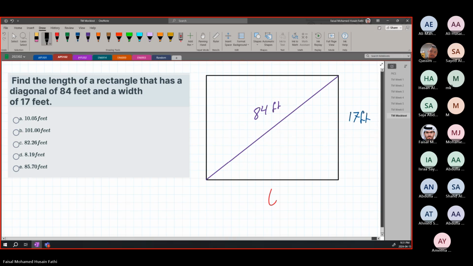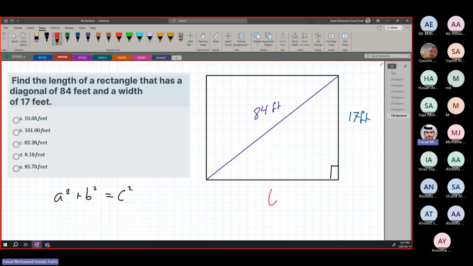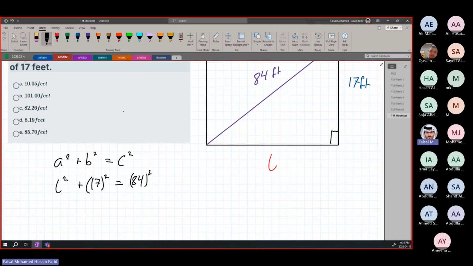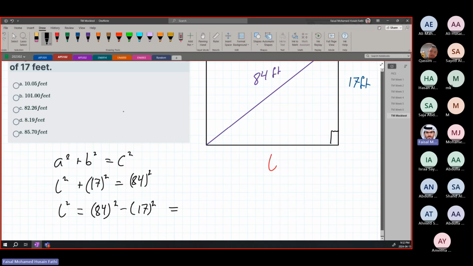Okay, again, right angle, so this is Pythagoras. A squared plus B squared is equal to C squared. So L squared, the L is our A. So L squared plus B squared, which is 17 squared, is equal to the hypotenuse squared, which is 84 squared. Then L squared is going to be equal to 84 squared minus 17 squared. When we want to find L, we're going to have to take the square root of that, which is the square root of 84 squared minus 17 squared, okay?